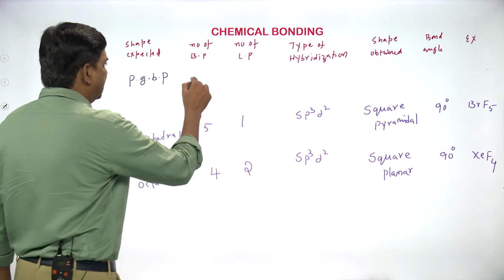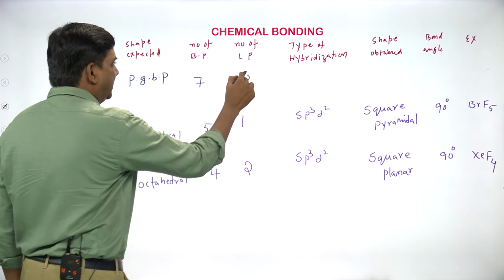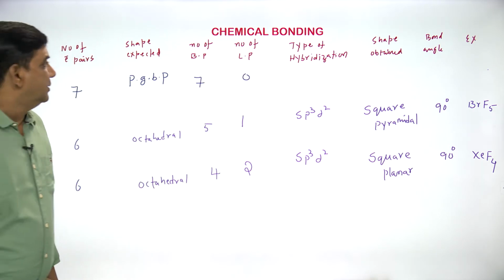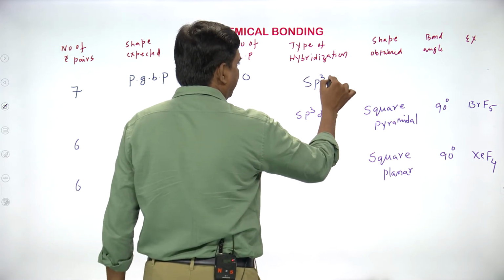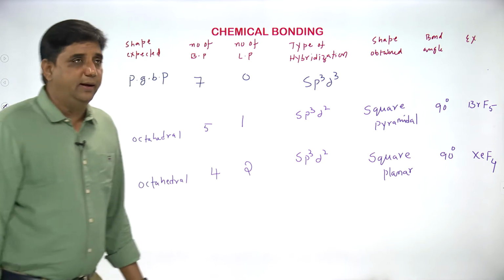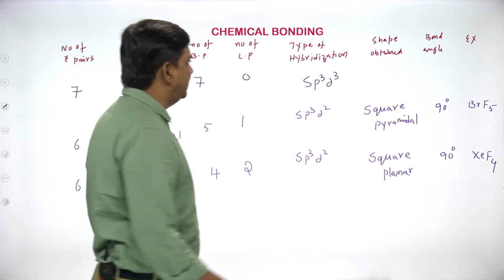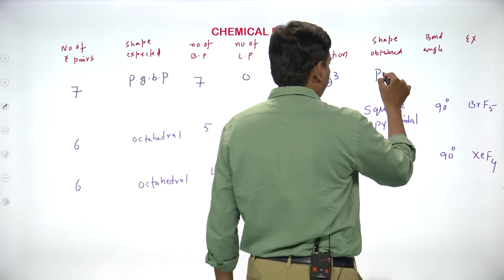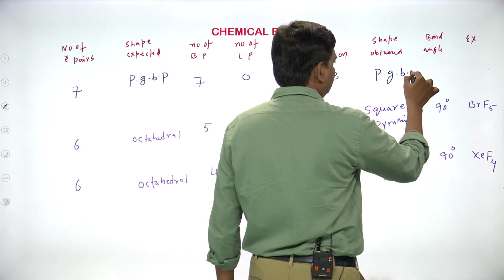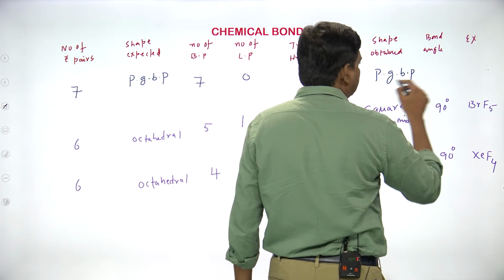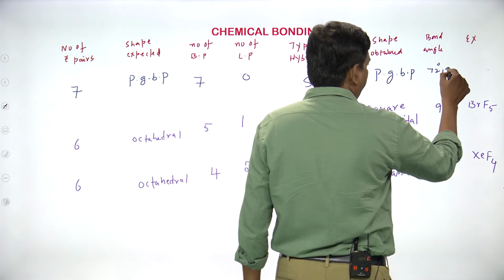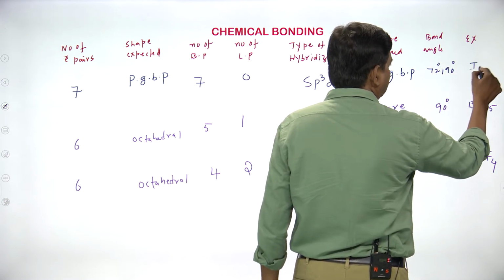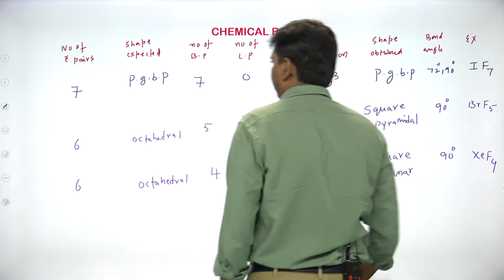The number of bond pairs is 7 and the number of lone pairs is 0. The type of hybridization is sp3d3, and the shape obtained is pentagonal bipyramid. And the bond angle is 72 degrees and 90 degrees. And the example is IF7.